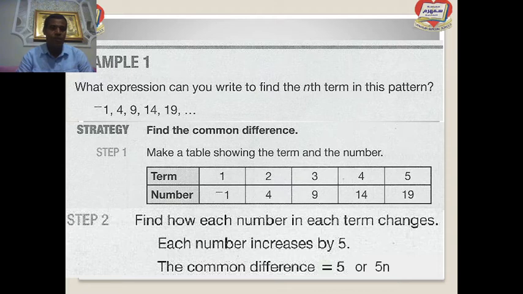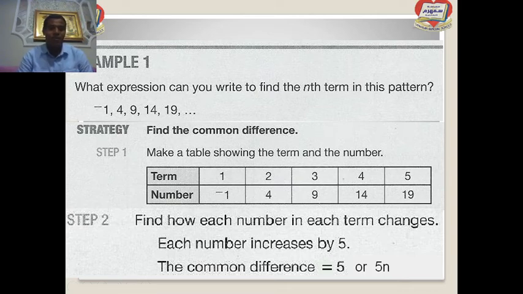The first term is 1, the second term is 4, the third term is 9, the fourth term is 14, and the fifth term is 19. Your number sequence or pattern will keep going on and on. Okay, as a strategy, we will try to find the common difference, which in parentheses we call d.